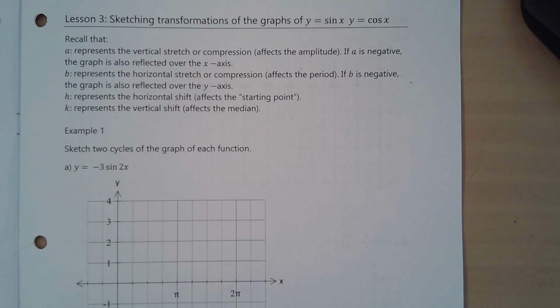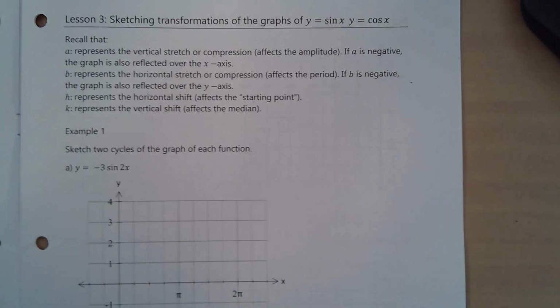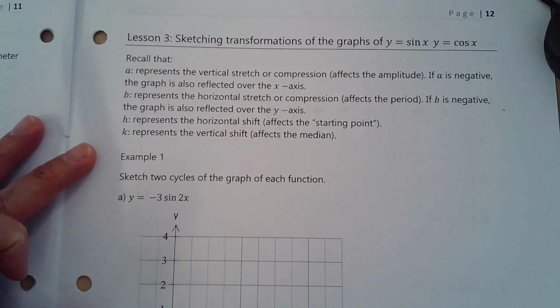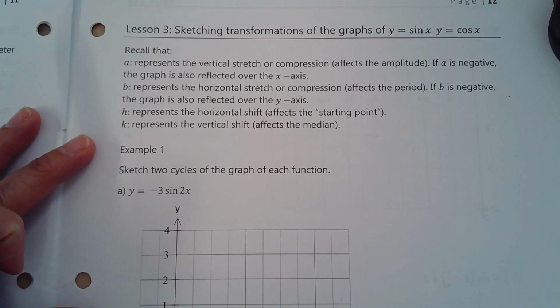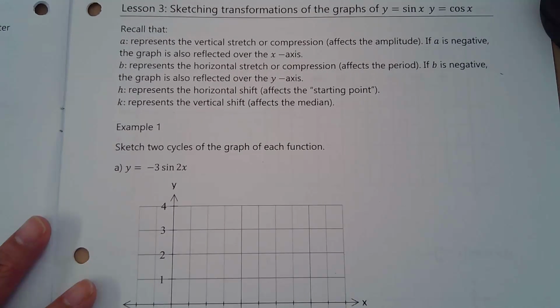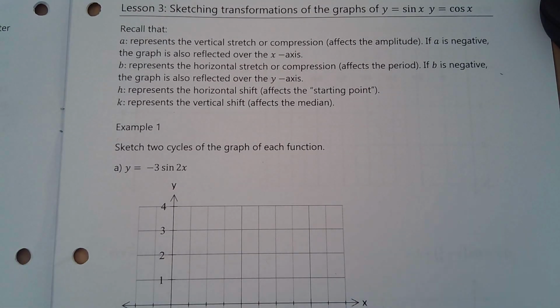So it says here, let's recap what we have. Recall that A represents the amplitude, which in terms of a transformation is a vertical stretching or vertical compressing. And if A is negative, it just gets reflected down. Now B is the horizontal stretching and compression, and if B is negative, the graph is reflected over the y-axis.